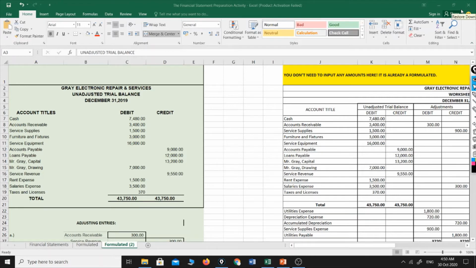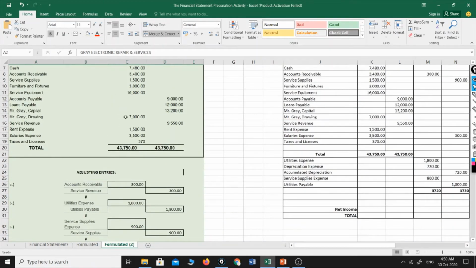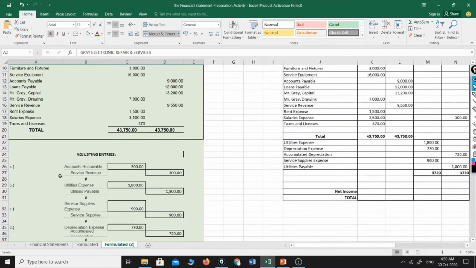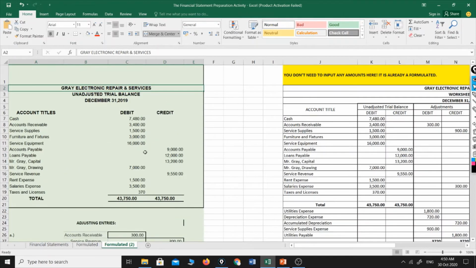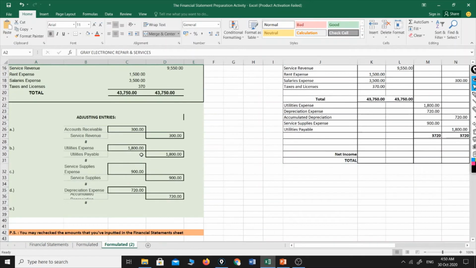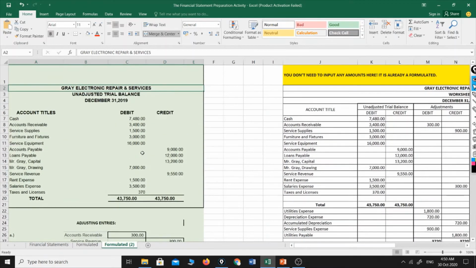As you can see, we have the unadjusted trial balance. This will be our given, and we've already prepared its adjusting entries. Because we're already done with this particular accounting process, now let's go over making a worksheet.